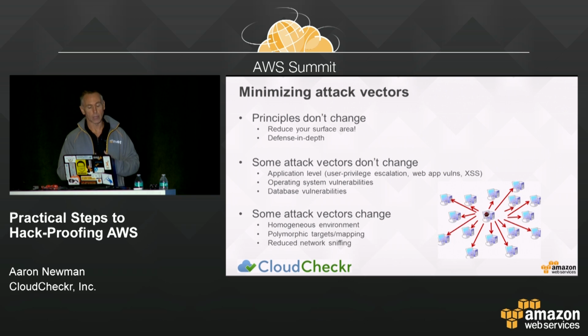But you have to think about that homogeneous environment and make sure you're going to put a lot more effort in securing one AMI and then spinning that out all over. Think about an old corporate network where you had some Solaris here and you had some Windows here and you had this and that. If somebody broke into one piece because there was one exploit on some box, they were very limited.